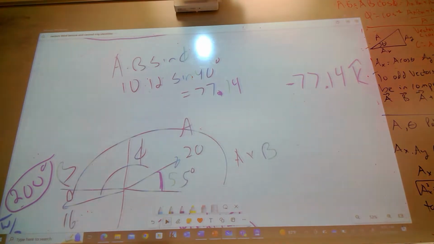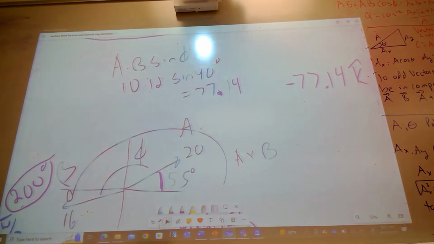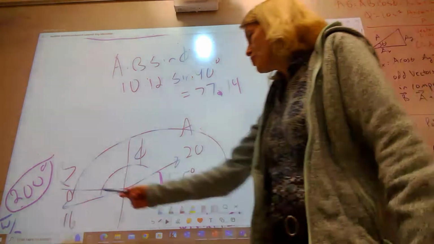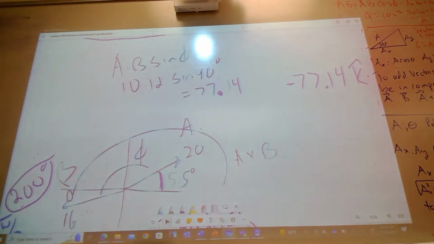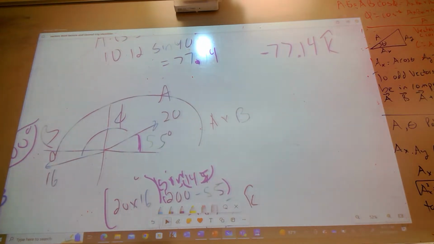So what's phi? The angle is going to be 200 minus 55, which is 145. So we get 20 times 16 times the sine of 145.